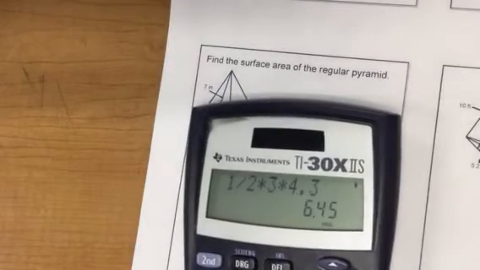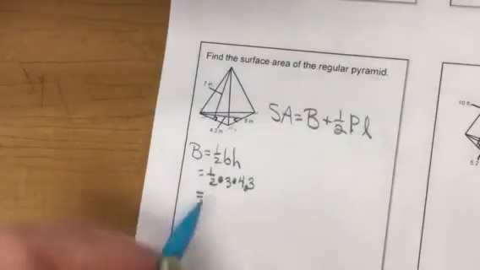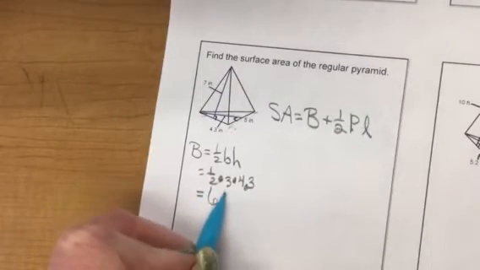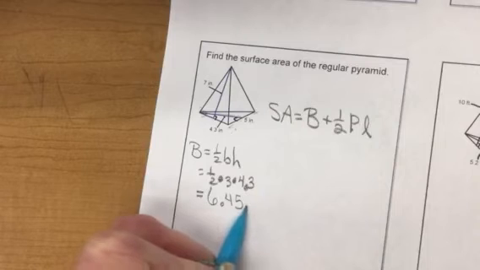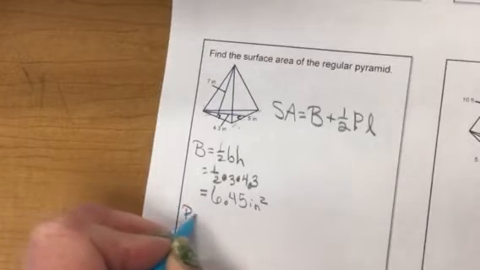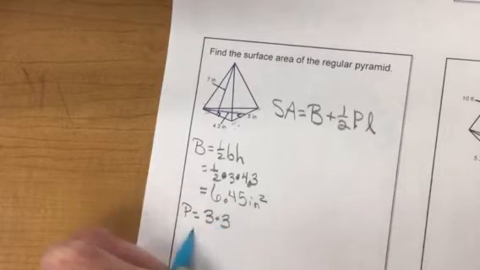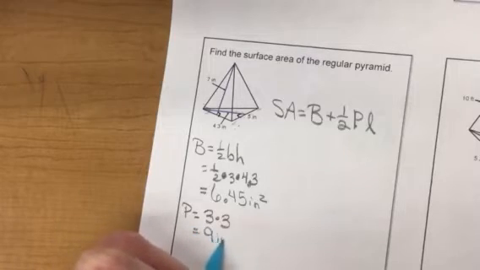And it tells me 6 45/100. So, capital B, 6 45/100 inches squared. Now the perimeter of my base, 3 sides, all 3 inches long, 9 inches.